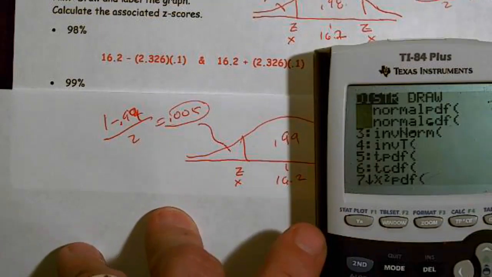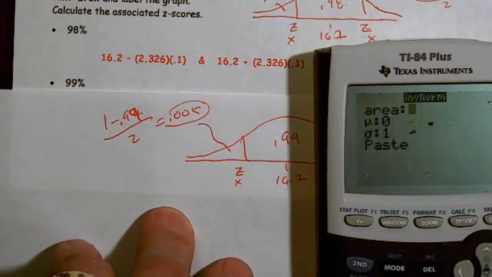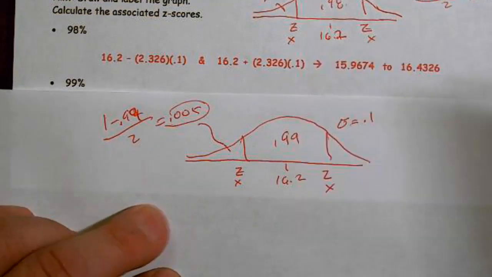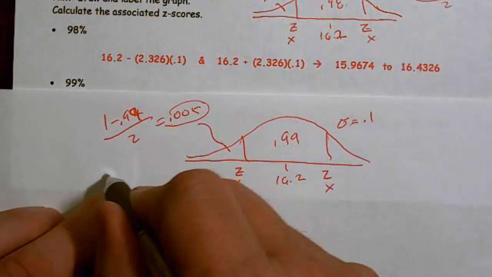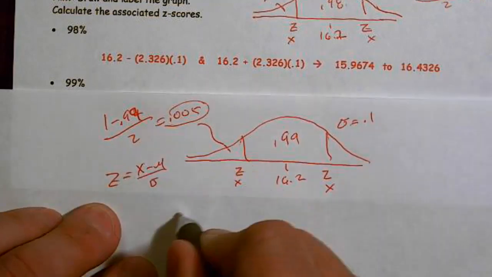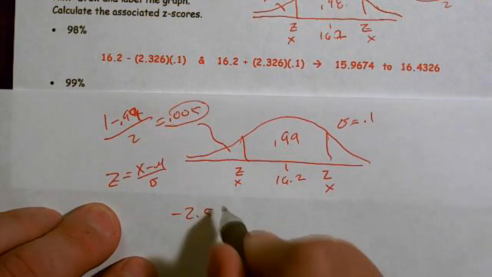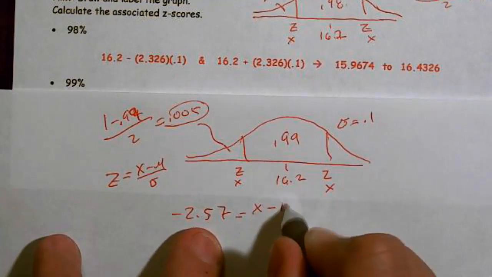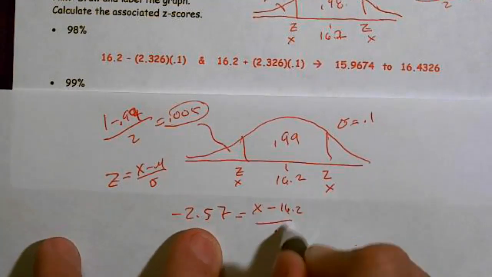So second vars, inverse norm, 0.005, mean is 0, standard deviation 1. So we have negative 2.57. So z equals x minus mu over sigma. So negative 2.57 equals x minus 16.2 over 0.1.